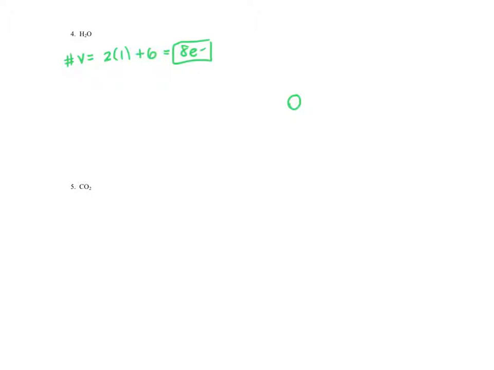So if I surmise that I'm going to have 2 bonds, because I have 2 hydrogens, so 2 bonds, 1, 2, that means only 4 electrons are going to be occupied in bonds. I need 8. And I know I can't add extra electrons to hydrogen because I only need 2. So all of that info tells me that the extra 2 electrons are going to have to be on the central atom. They're going to have to be on the oxygen.